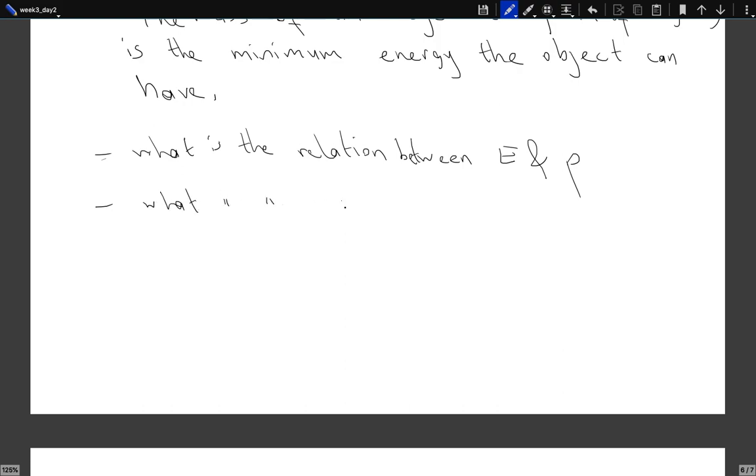Again, what is the relation between v, the speed? How can we write the speed? Well, in the case of massive objects in Newtonian dynamics, you wrote the velocity of an object as its momentum divided by the mass. But that definition obviously doesn't hold for particles that might not have mass. So how can we generalize it?